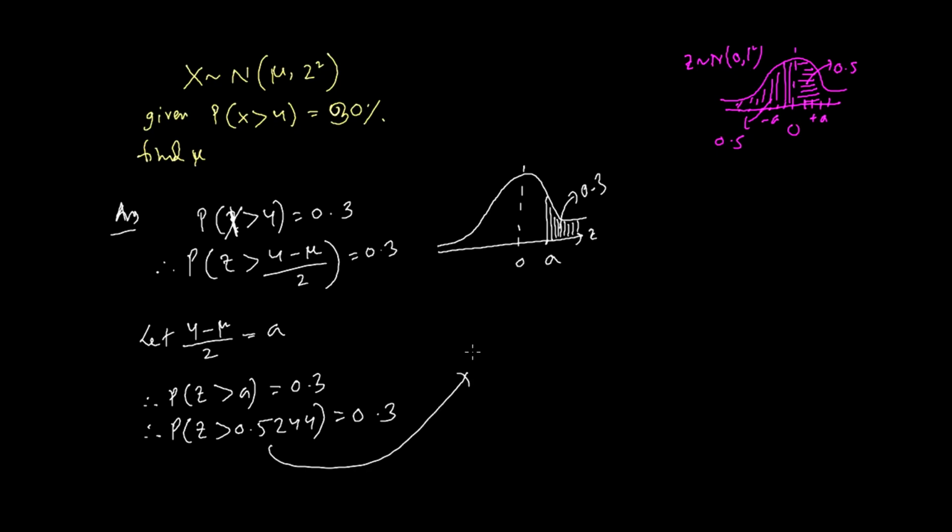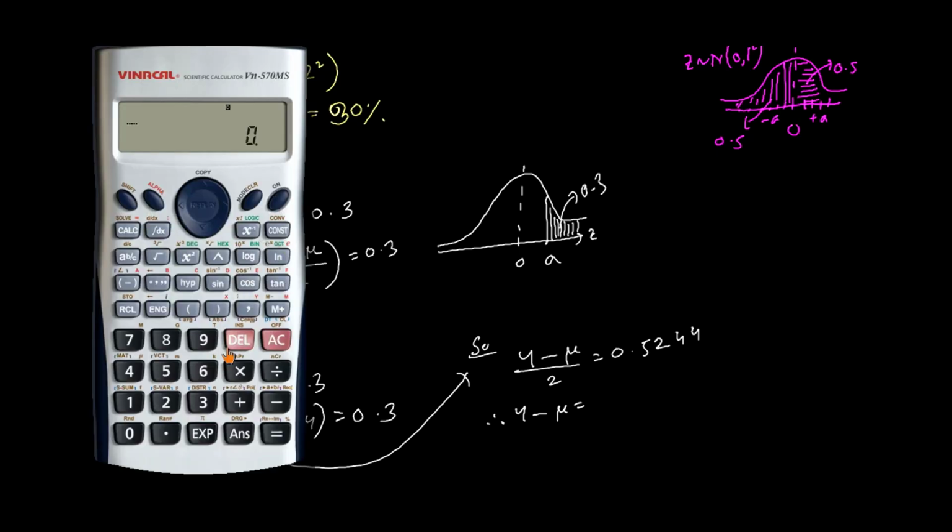So that means 4 minus mu divided by 2 equals to 0.5244. Therefore from here we can find the mu. So this is going to be 4 minus mu equals to 2 into 0.5244, and this is going to be 1.0488.